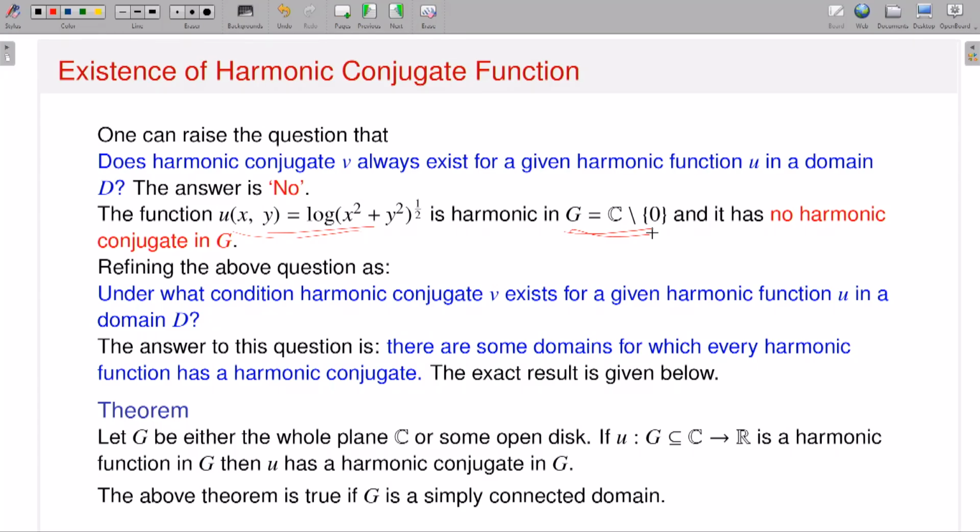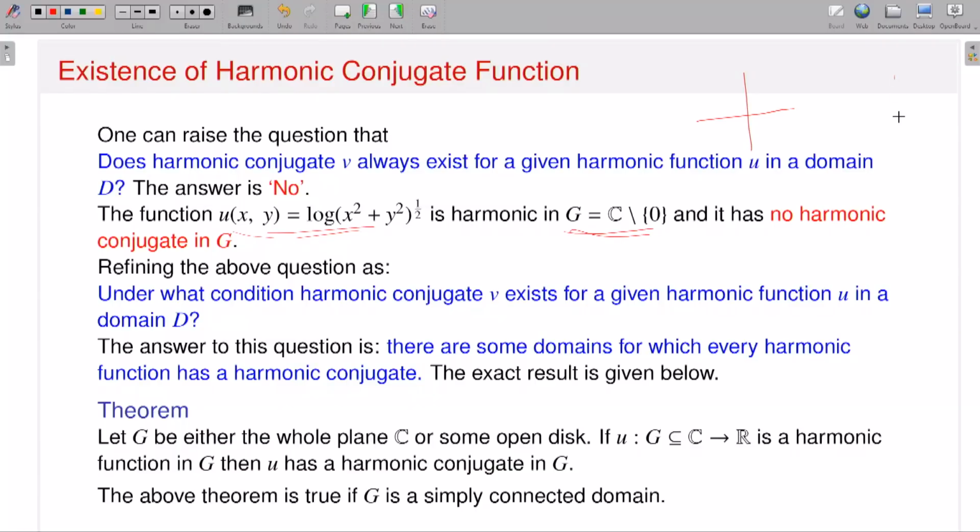I am saying that this function has no harmonic conjugate. What is the difference? Earlier the function u was defined on C, and here it is defined on C minus 0. So you can guess that the domain is changing, and if I change the domain, some conclusion does not go in the right direction. So maybe it has something to do with the domain.